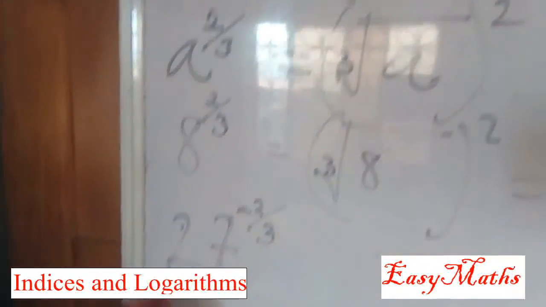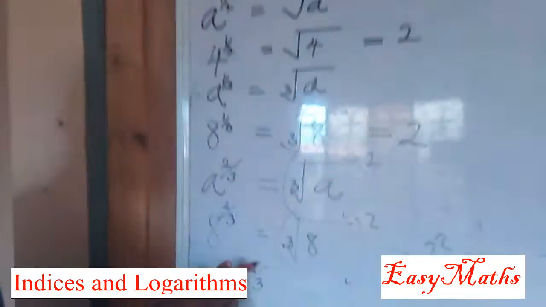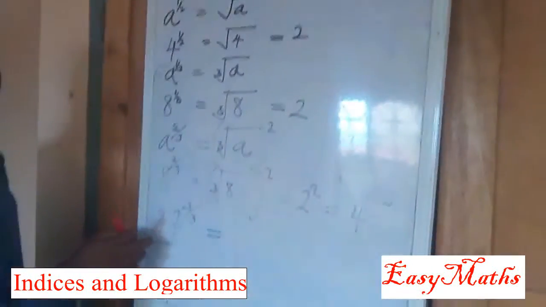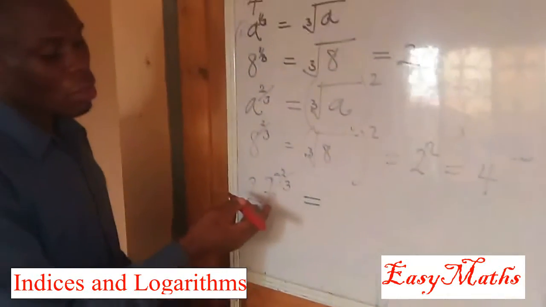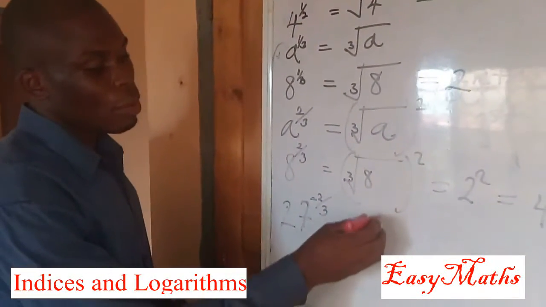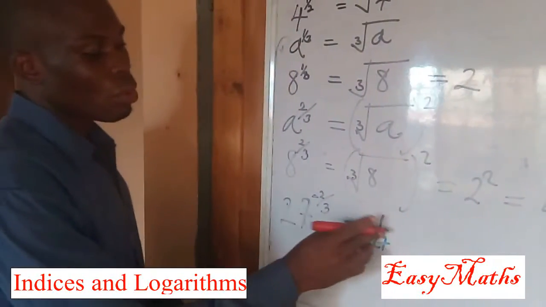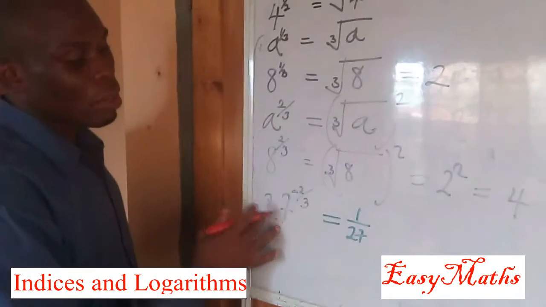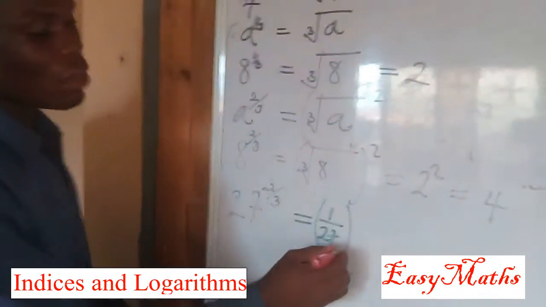For you to get rid of the minus, you have to take the reciprocal of the base. The reciprocal of 27 will be 1 over 27. Then you can now get rid of the minus.